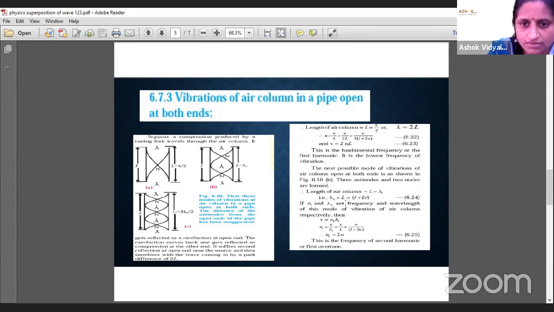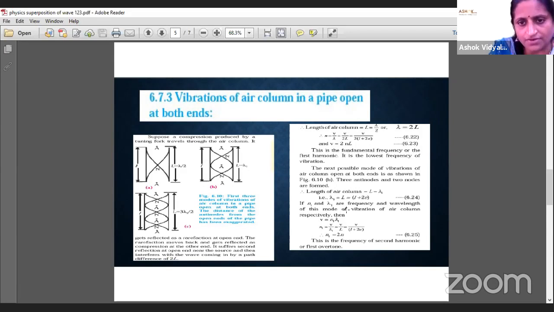Therefore, lambda 1 is equal to L plus 2E. Why does 2E come here? Because it is open at both the ends, the end correction is double, that is L plus 2E.